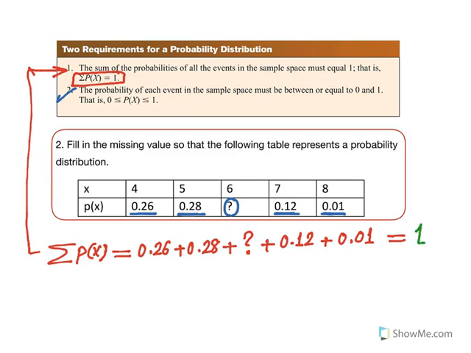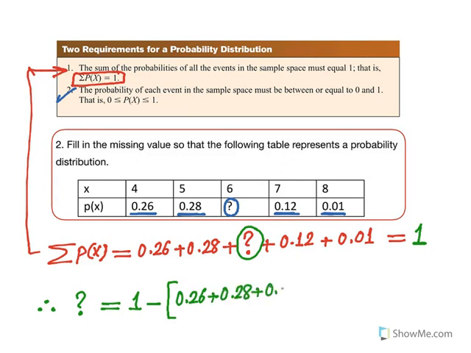We want this to be 1. So find this question mark. You can say, therefore, this question mark is just 1 minus the sum of all the other numbers, 0.26 plus 0.28 plus 0.12 plus 0.01.